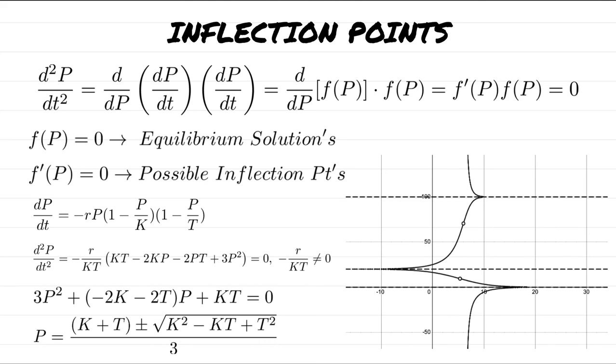So I'm just going to say that once you've plugged your carrying capacity and your threshold population into this formula for the inflection points, keeping the positive one, and then plugged that back into our differential equation's solution and solved for x using a computer, we'll find that after around 6.15 years or something, our population will begin to change. It might be a little bit more than that. I can't remember the value exactly.